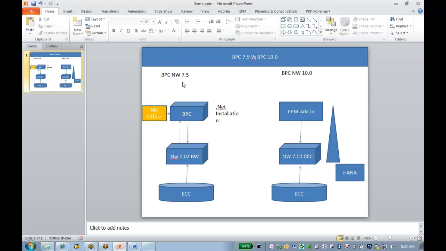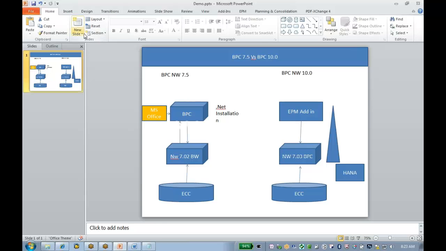So first we have to set our objective, what should be started first. First we are discussing what is the difference between BPC NetWeaver 7.5 and BPC NetWeaver 10.